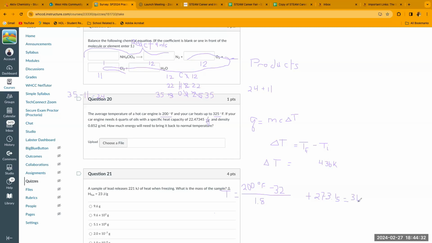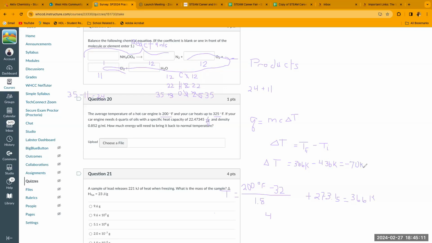So I get 366 Kelvin. So I'm going to end up with negative 70 Kelvin.